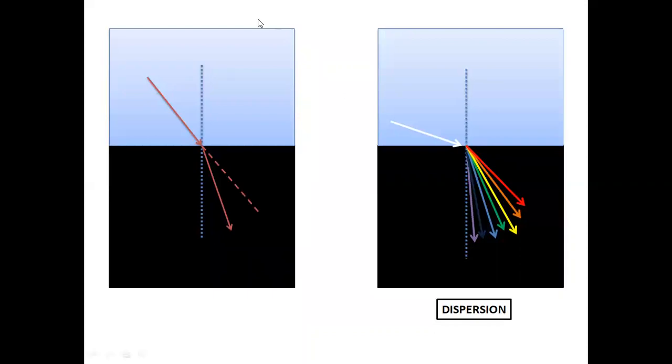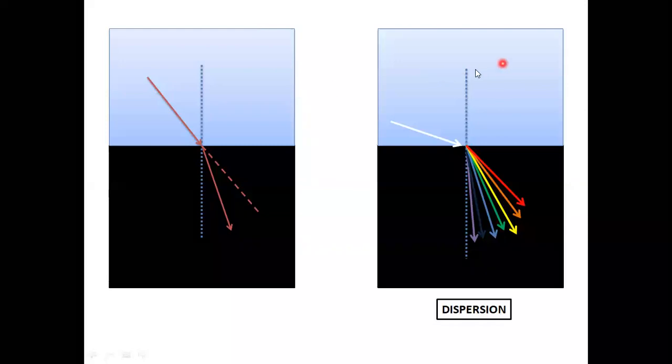Now, to understand this, let us look at these two figures. In the first figure, the blue shade is medium 1 and the black shade is medium 2. Let us assume the blue shade is rarer and the black shade is denser.